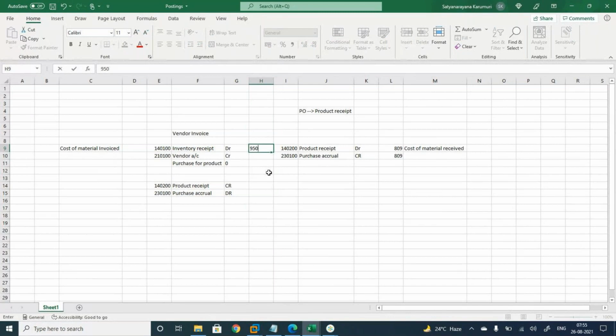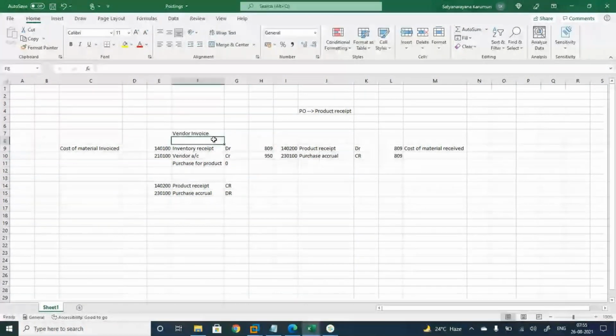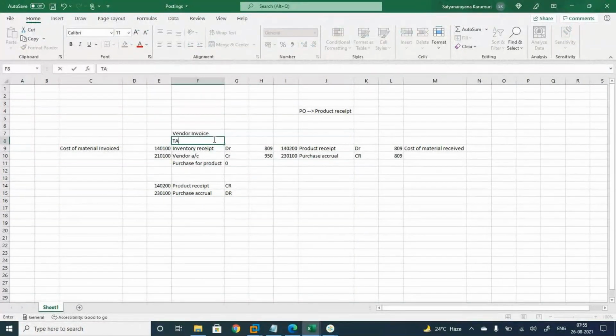This will be 809 only, and this is 950. And if taxes are there, then taxes will be posted at the time of invoice. Suppose it is 141. This is 809. Whatever was posted at the time of product receipt will be reversed at the time of invoice.